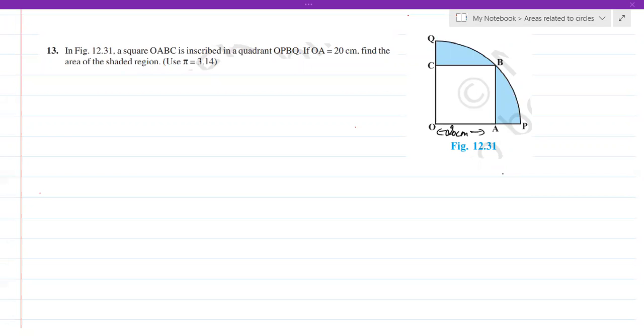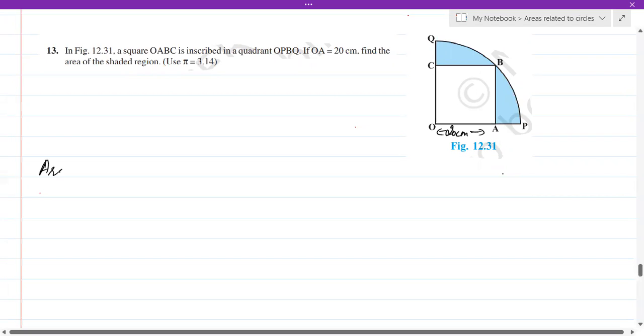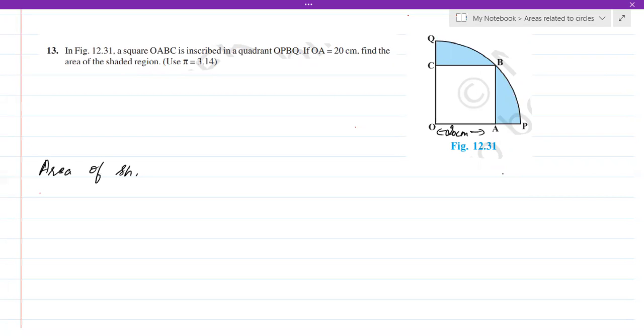So the area of the shaded region, the formula will become area of shaded region is actually equal to, let's find the area of the quadrant. In that, what is required, what is not required? The square OABC is not required.